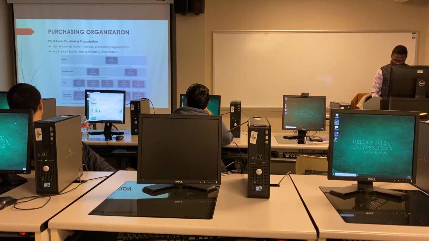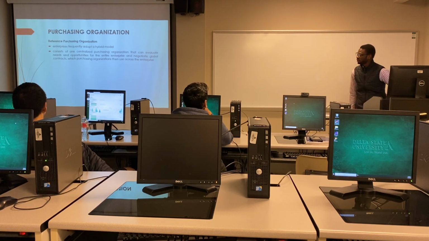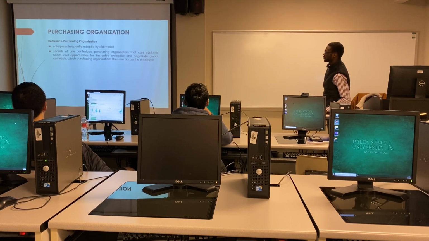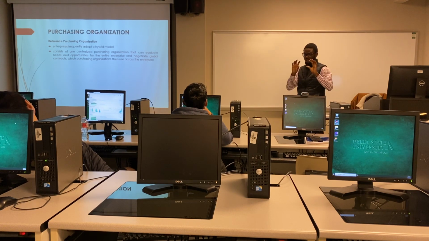So the next one we'll talk about, which is what you were talking about the other time, is that some enterprises frequently have to adopt the hybrid model, which is what we said, that we can have a central one and we maintain different ones.